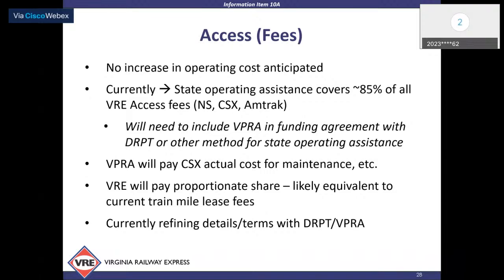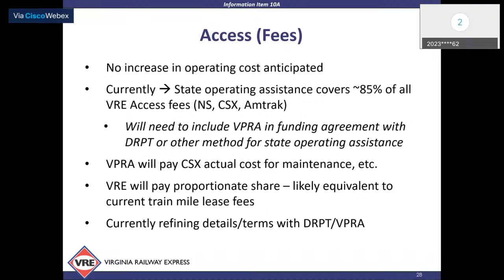this access agreement with the rail authority, either within those funding agreements or another method for state operating assistance. I just want to point out, this agreement here does not contemplate at this point that essentially that 85% contribution. So there'll be further actions that need to happen here.